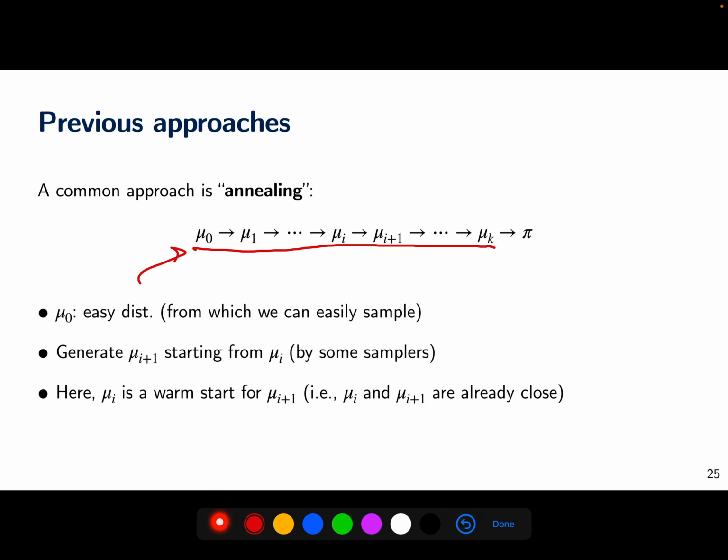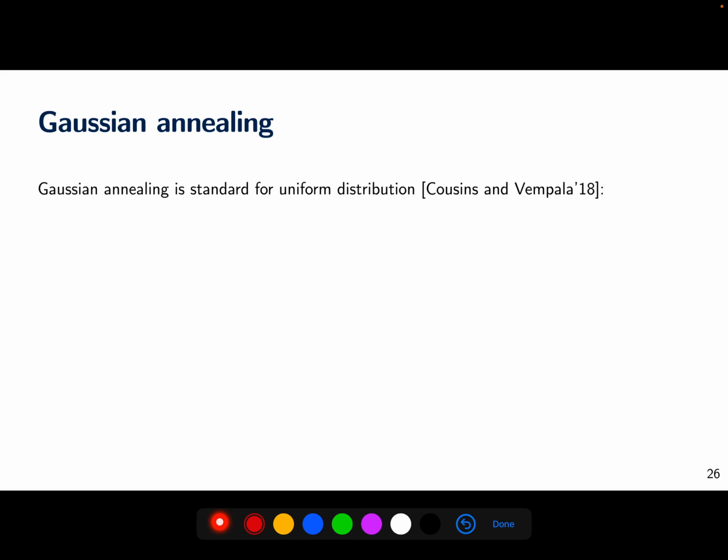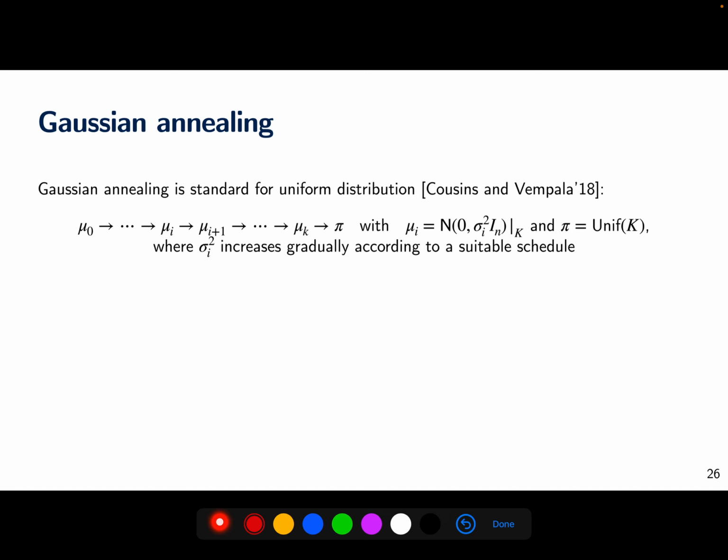And also mu i plus 1 should be close to mu i, because mu i is going to be used as a warm start for mu i plus 1. And it turns out Gaussian annealing is a pretty standard approach for generating a warm start for the uniform distribution, which really means this annealing distribution mu i is simply some truncated Gaussian, with the variance sigma i squared increasing according to some suitable schedule, which I'll tell you in more detail in a later slide.